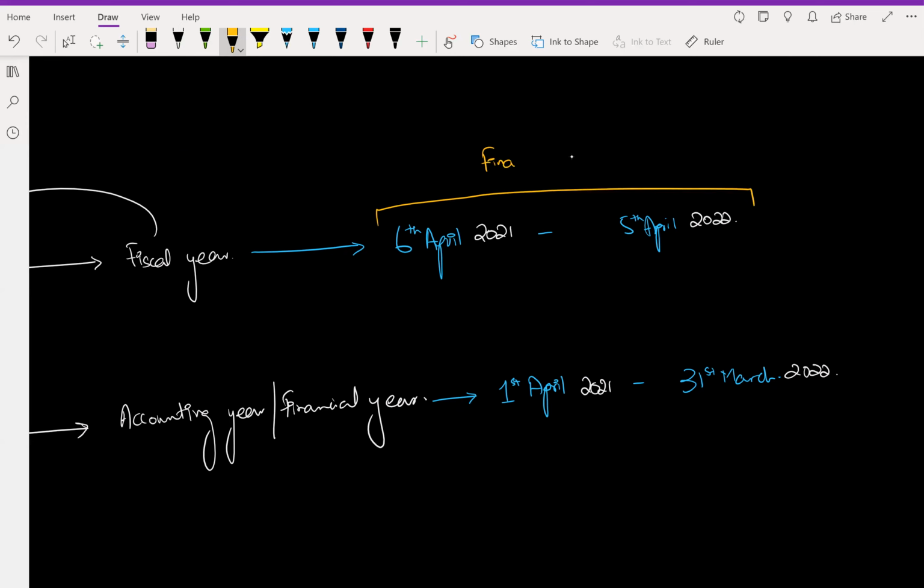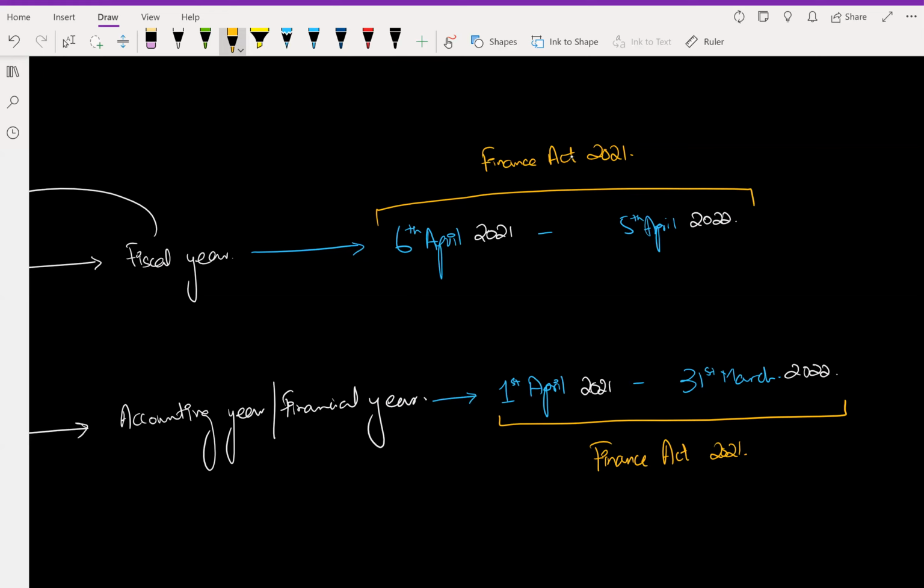This period is covered through a law called Finance Act 2021, and we are studying Finance Act 2021.